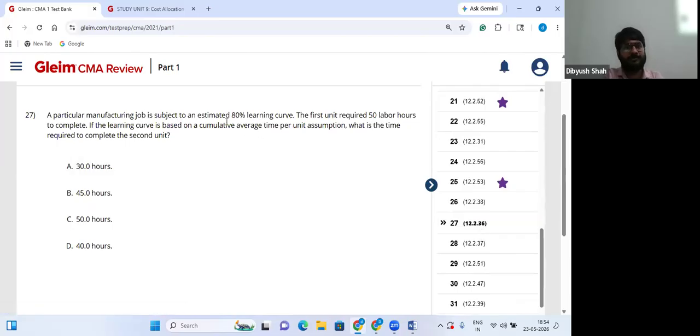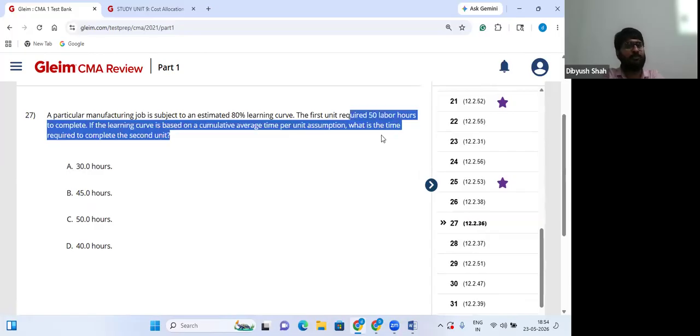Homework. Same question, more or less. They are asking, the first unit takes 50 hours. What is the time taken to complete the second unit? That's it. They are not asking total time. They are asking what is the time taken to produce the second unit, after the first unit.